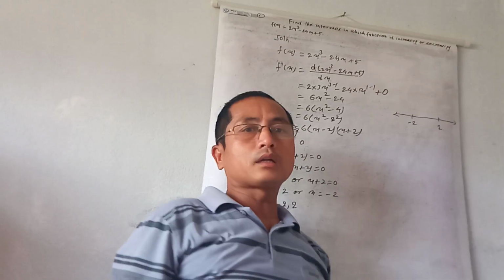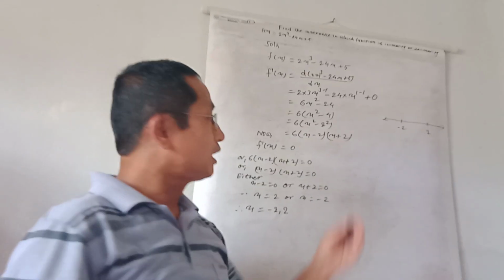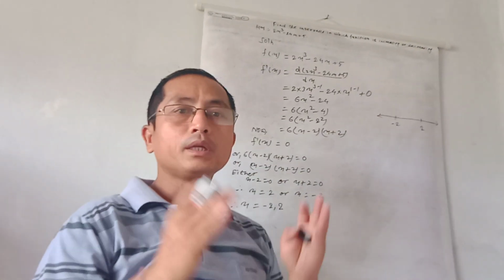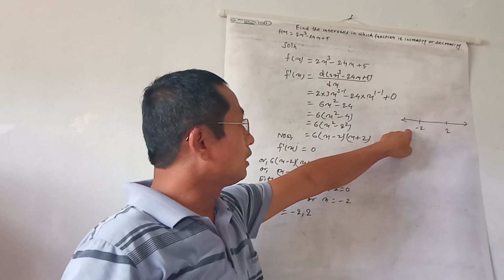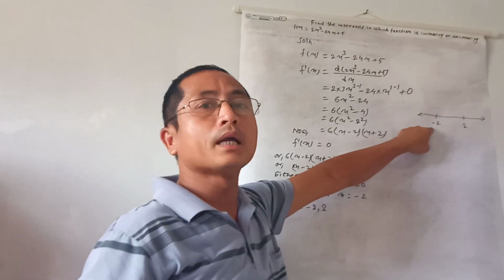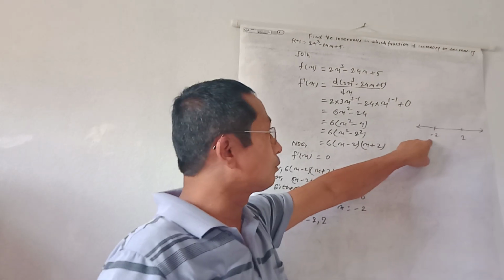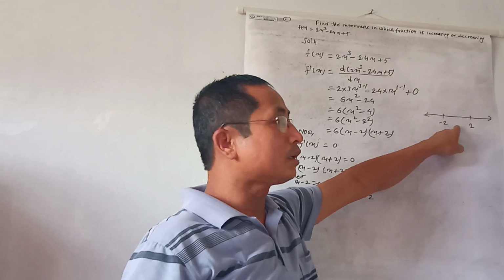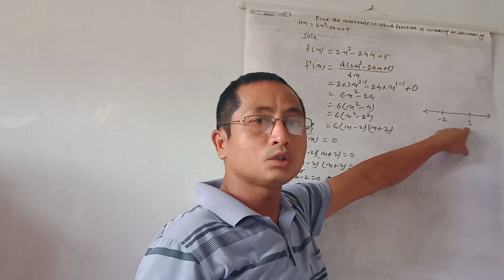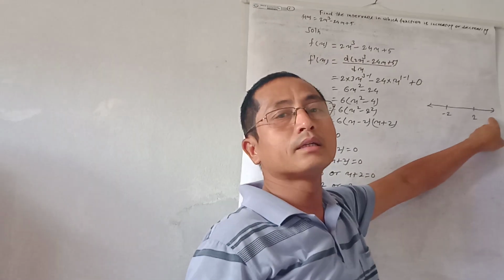These 3 parts are called open intervals. This is x is smaller than minus 2, this is x is greater than minus 2 and smaller than 2, and this is x is greater than 2.